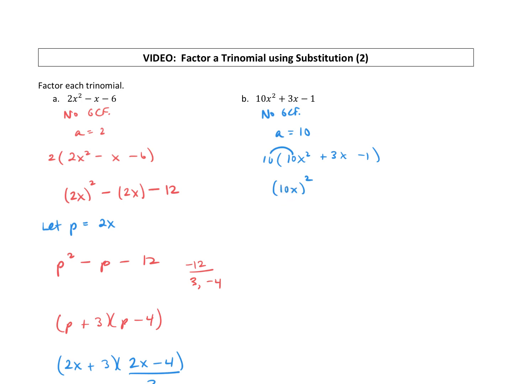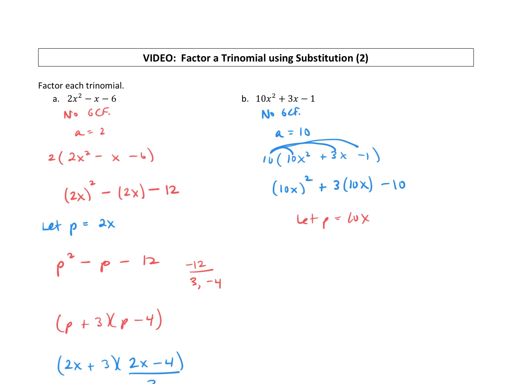All right, then 10 times the 3x, so plus, I'm going to write the 3 first, and then I'm going to show the 10 times the x in parentheses, because again, I want these 10 x's here. And then we're going to multiply to the last term, minus 10. All right. We are going to let p equal 10x.